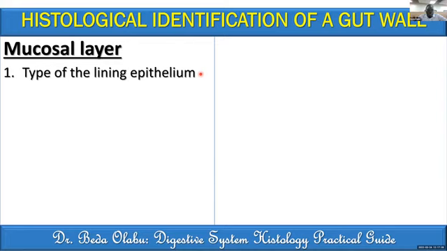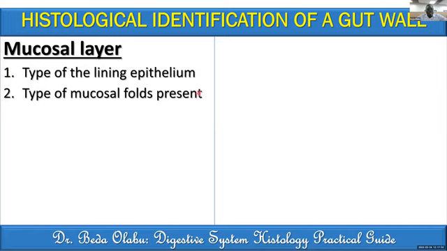So when you look at the epithelial type, it can guide you on which part of the GIT you're looking at. If it is simple columnar, you have quite a choice to make, but at least you can say either stomach or the intestines, large or small. So anyway, the type of epithelium can guide you.